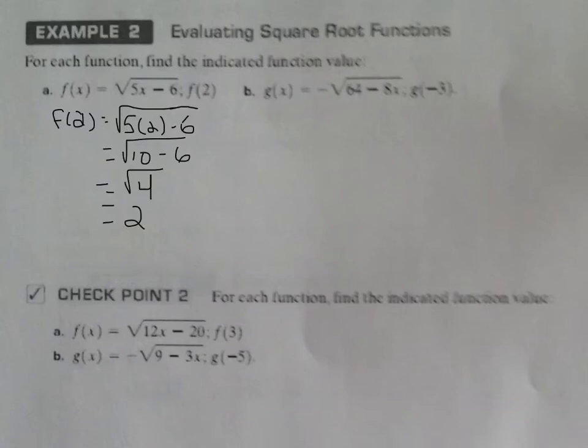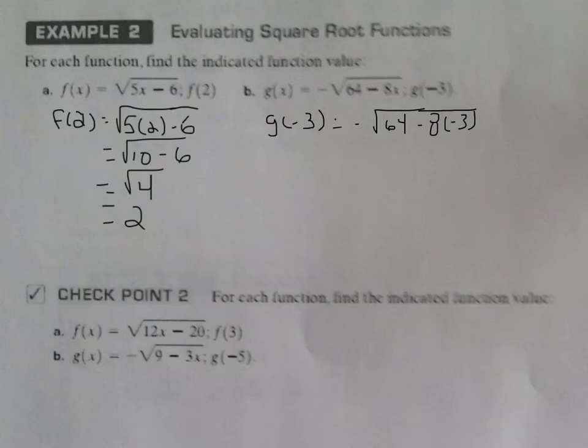Let's look at g of x for part B. G of x equals negative square root of 64 minus 8x. And they want us to do g of -3. So we're going to take -3 and plug it into this x here, and we're going to find g of -3. So g of -3 equals negative square root of 64 minus 8 times -3.